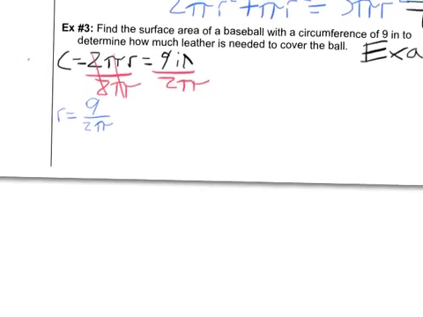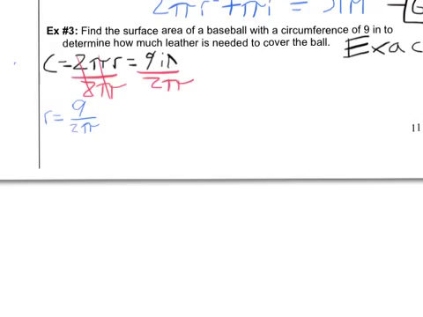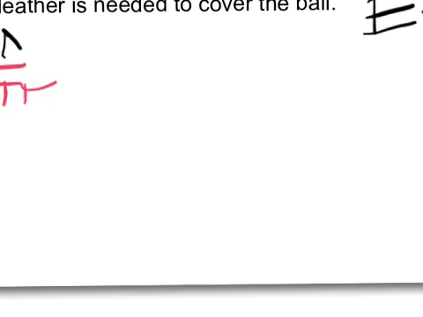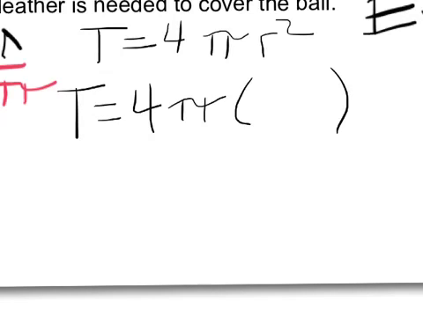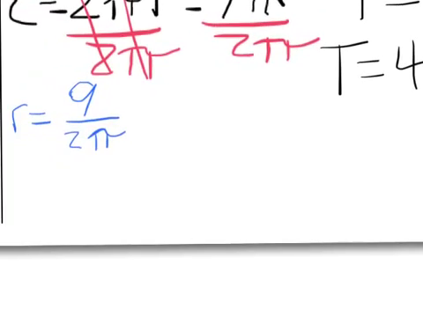Okay, now let's think. Well, if I wanted to find the surface area of this baseball, I'd have to use the surface area formula. Well, that's T equals 4 pi r squared. All right, so let's just plug in what we know. Well, we know we got a 4, we know we got a pi, and my radius is 9 over 2 pi.